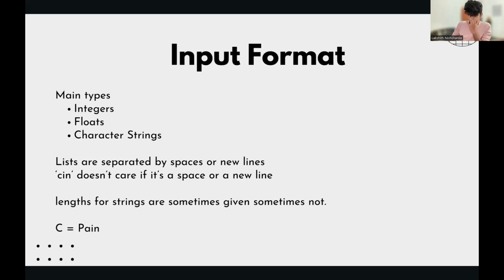But in modern programming languages, it's not really that hard. In Python, for example, you can take the entire line as input, separate it by space, and count how many items are in the list. So these are the usual input formats.